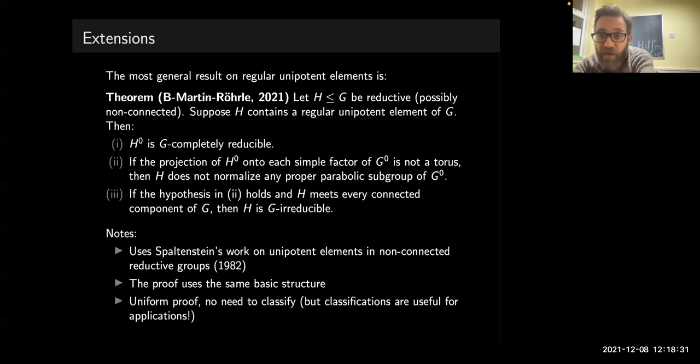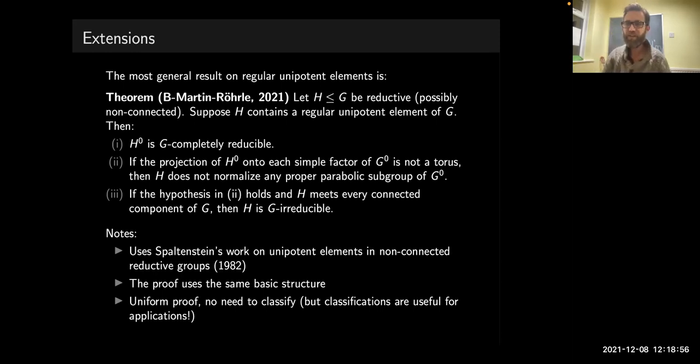After you've written that down, everything else basically goes through in the same way. So the same basic structure of proof works. There's no need to write down any classifications. But just a reminder to me in parentheses here, these classification results are obviously very useful, so I don't want to denigrate them too much.